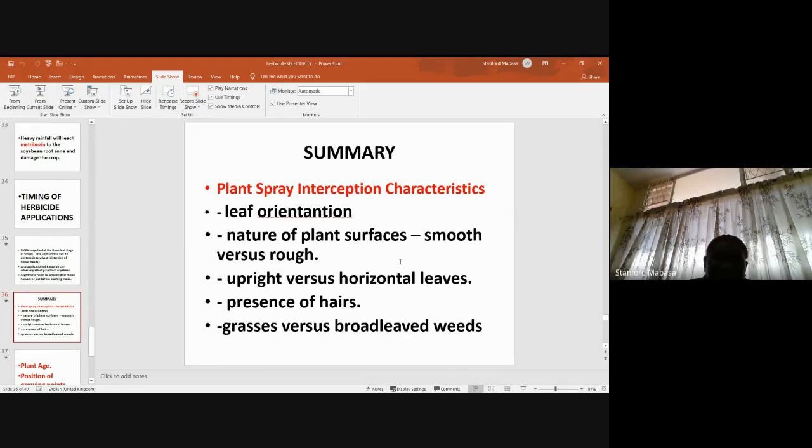Here we look at the leaf orientation, nature of plant surface. Is it smooth versus rough? Are you having upright or horizontal leaves? Do you have presence of hairs? Do you have grasses versus broad-leaved weeds? All these characteristics can determine whether a plant is going to die or survive.